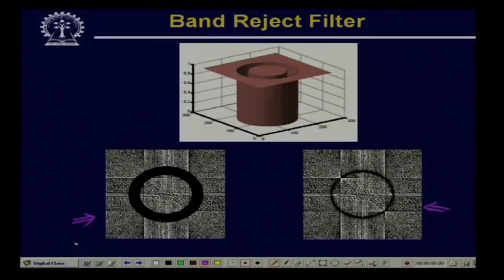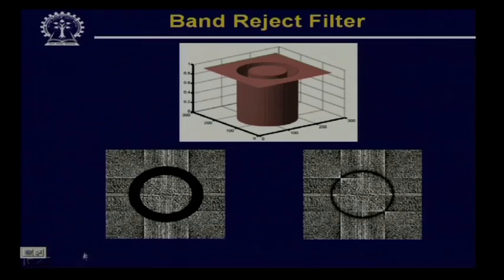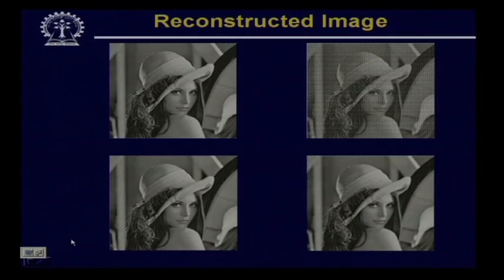By using this band reject filter, we are removing a band of frequencies from the Fourier coefficients corresponding to the frequency of the noise. After removal of these frequency components, if I go for inverse Fourier transform, then I get back my reconstructed image, and that is what we get in this particular case.